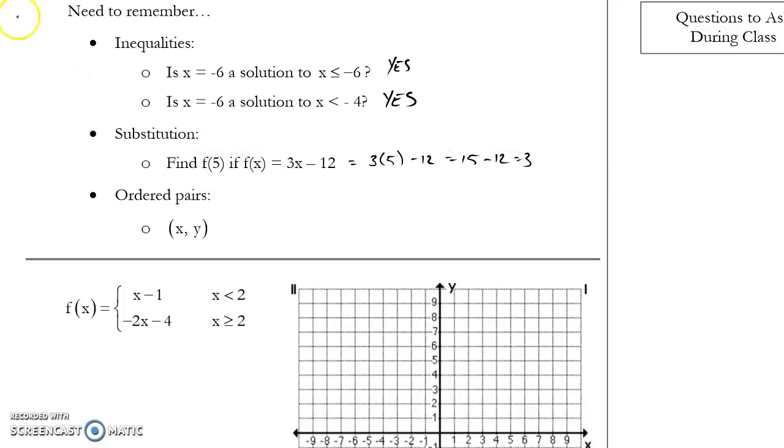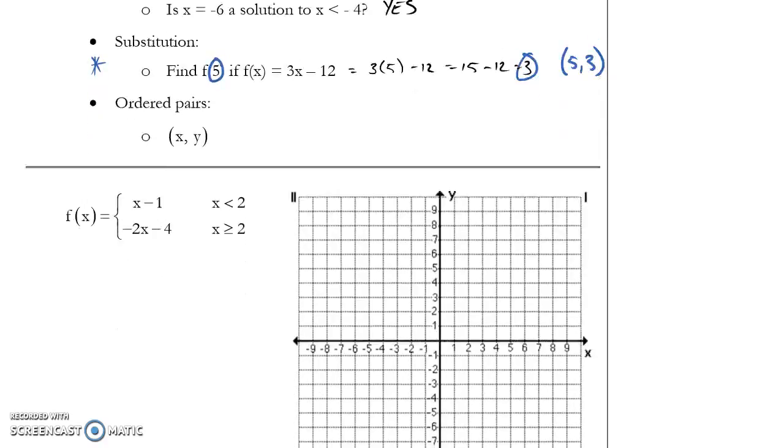What we will be doing when we write this is, this is my x coordinate, this is my y coordinate: 5, 3. This is possibly the most important idea that we're going to focus on for functions, recognizing that ordered pairs are always written with your x coordinate first and your y coordinate second. Also something that's extremely important.